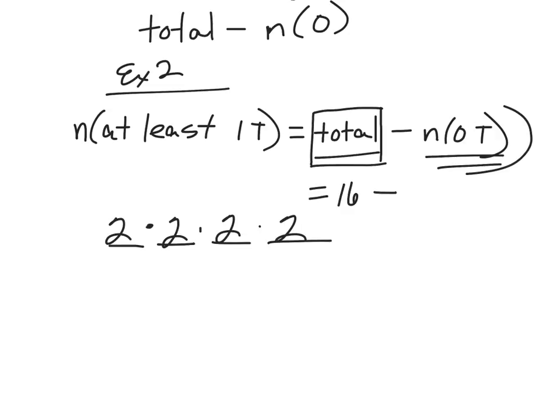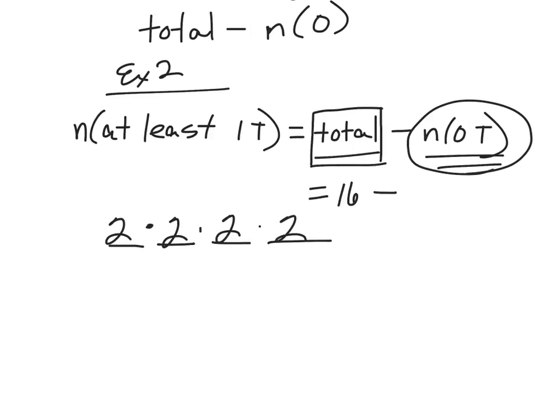How many of those 16 things would have 0 tails? You're saying half of them would have 0 tails? What would have to happen for me to get 0 tails if I flip 4 coins? All heads. I'd have to get all heads. How many ways can I get all heads?